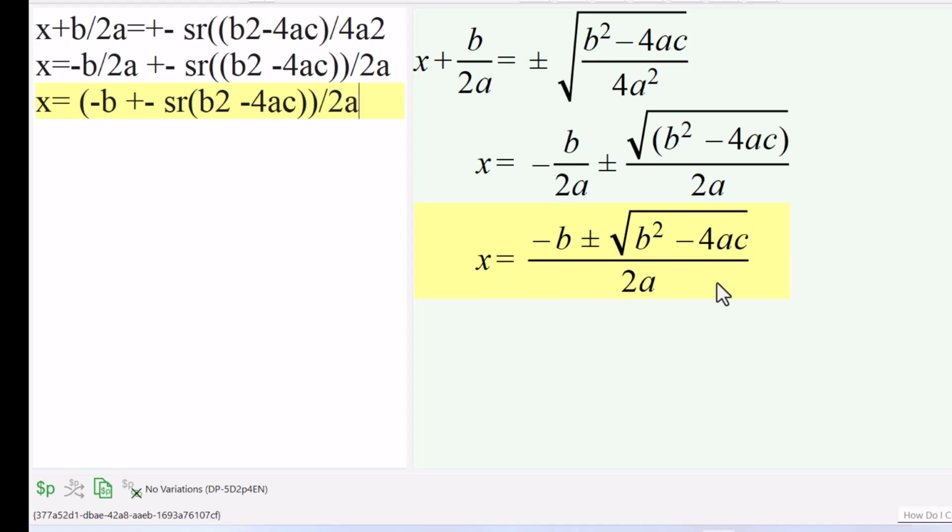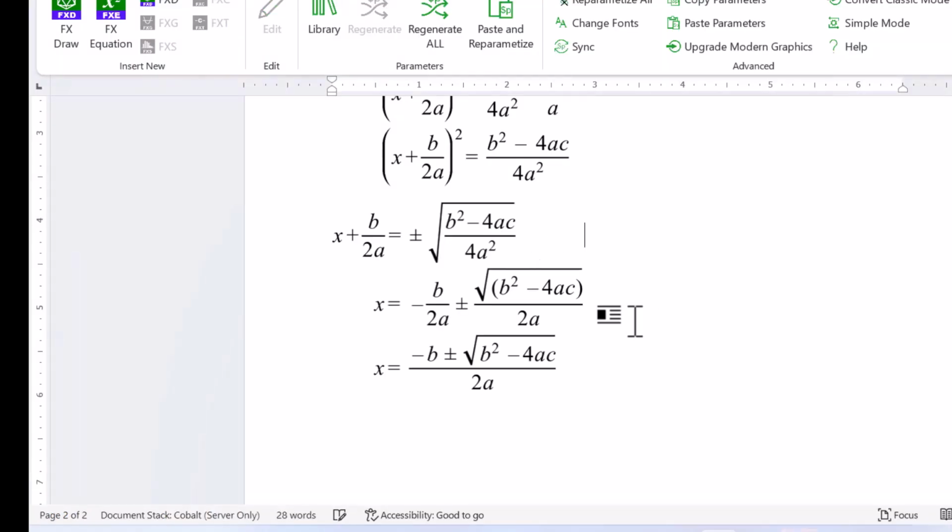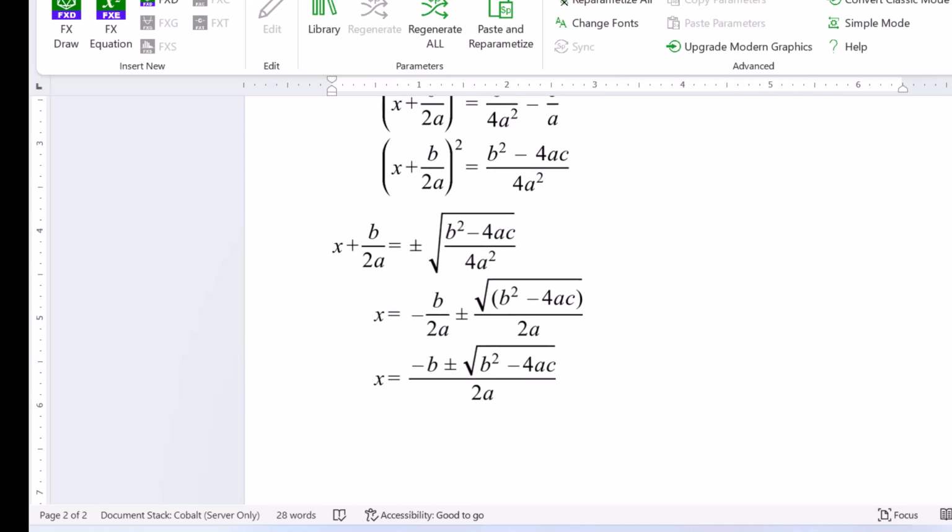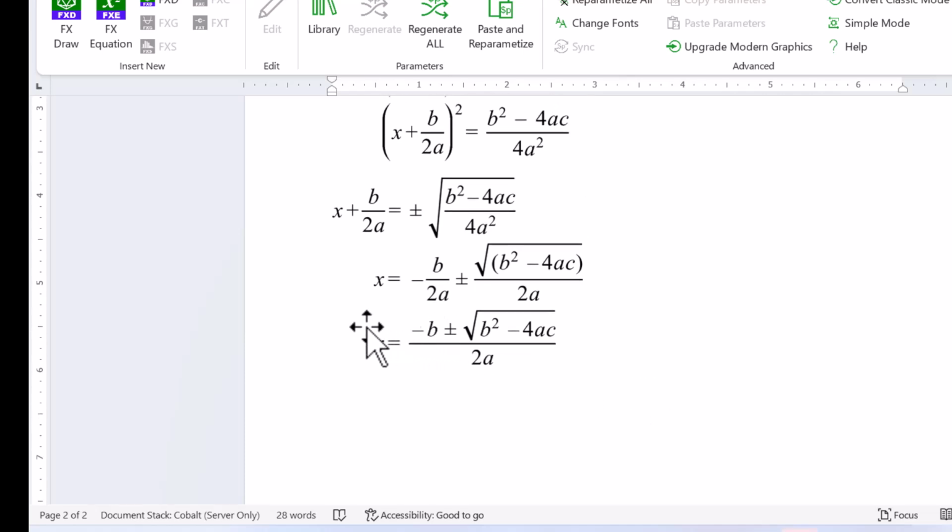So this is our quadratic formula, which is also known as the almighty formula, which is minus b plus or minus square root b squared minus 4ac over 2a. So this is how you derive the quadratic formula. This is the quadratic formula. Let me put it in a square box so that you see it clearly. So this is the quadratic formula.